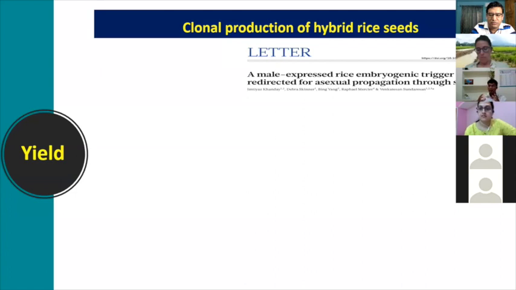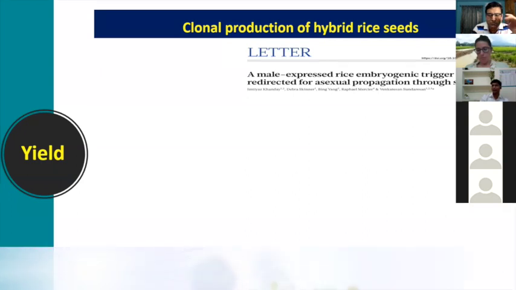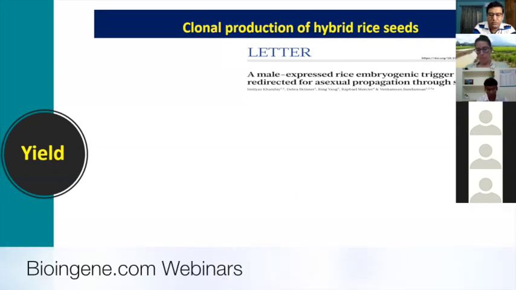And this first generation only gives the yield advantage over the parents. But if you save the hybrid seed and grow it for the next generation, then the characters become segregated, and you won't get a homogeneous, higher yield from that hybrid. So every time, if you want to grow hybrid seed, you have to purchase seed from the company, especially in the case of rice.